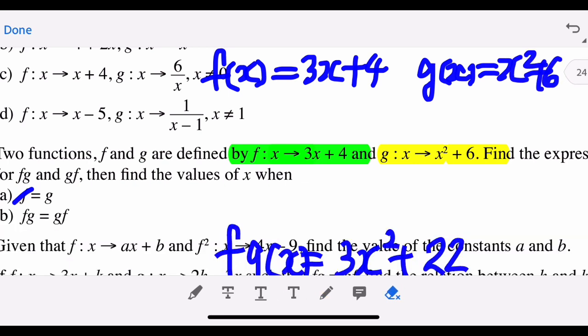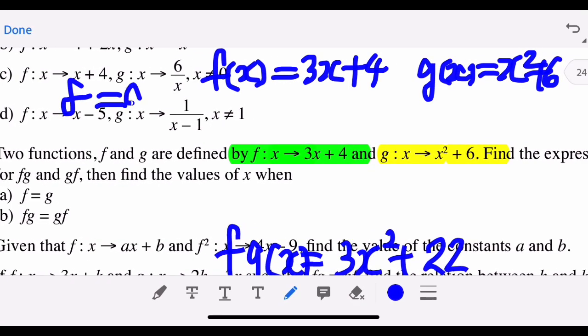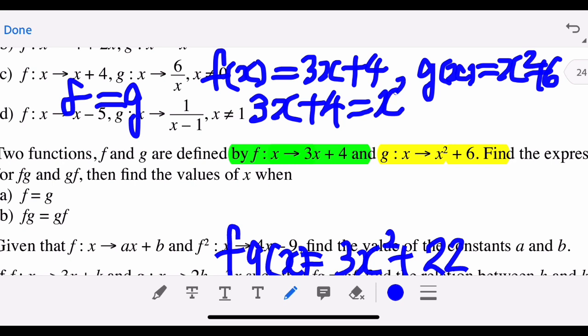So we are going to equate them because f is equal to g, right? It means that f(x) equals g(x). So we just equate them like this. Now we need to solve. This is a quadratic equation.